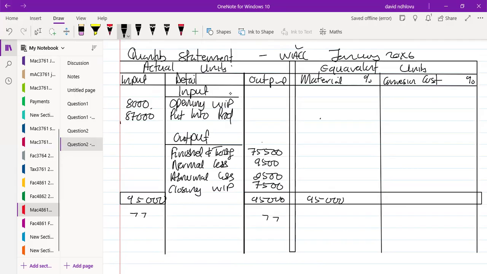Right, it's a very simple thing. 95 here and 95 there, it always doesn't change, whether it's the FIFO method or the weighted average method. This will be given in the question. You have to look out for these two. For the normal loss, you check the level of completion or the wastage point.